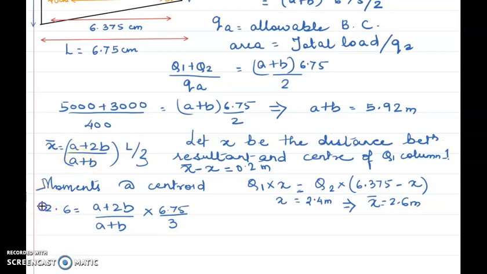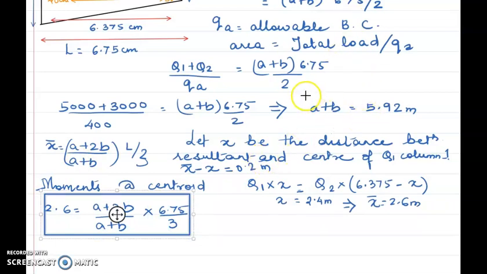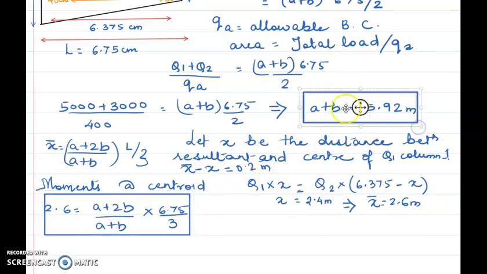You have this one equation in terms of A and B, and you have another equation here in terms of A and B. So you substitute this A plus B is equal to 5.92 here in the denominator. What you will get total, you solve this, okay, substitute A plus B is equal to 5.92. So you will get A plus 2B in this equation as, I think, 1.38.